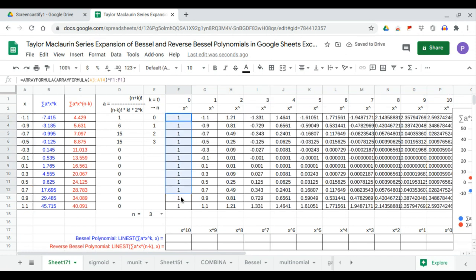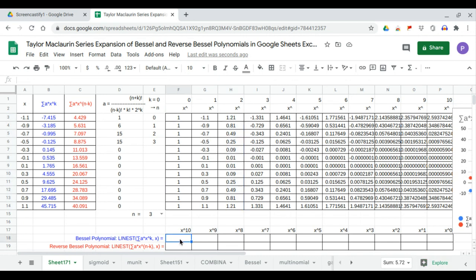So in this column, we have the x to the 0 column. Here we have the x to the 1 column. That's why these values are the same. This is the x squared column, because if this column is raised to the power 2 it will result in this, and so on.